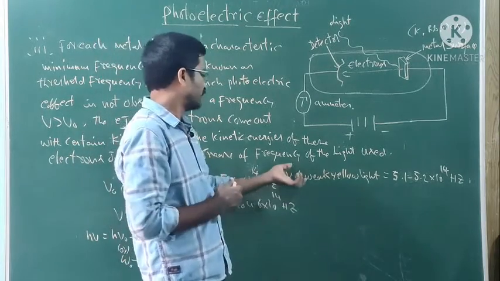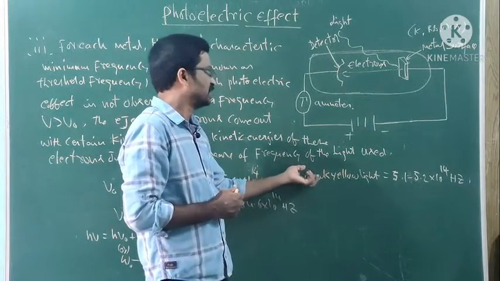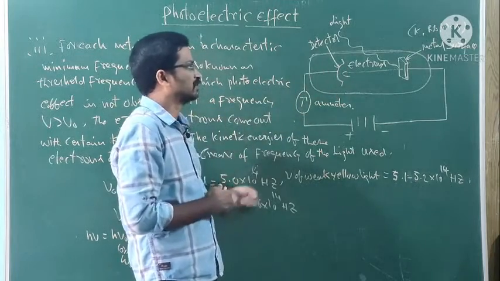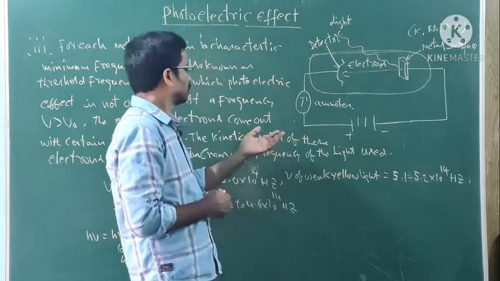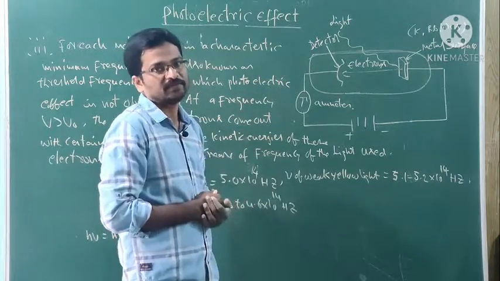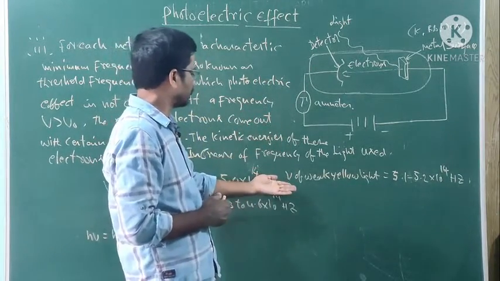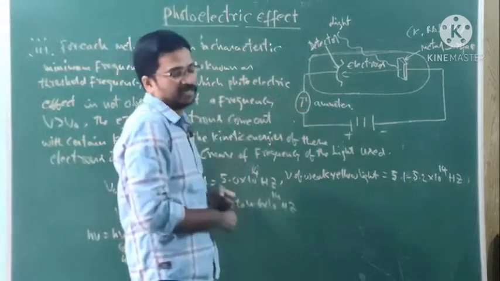There is a reason why the kinetic energy of the ejected electrons depends on the light frequency. If the light frequency is very high, the kinetic energy is very high.